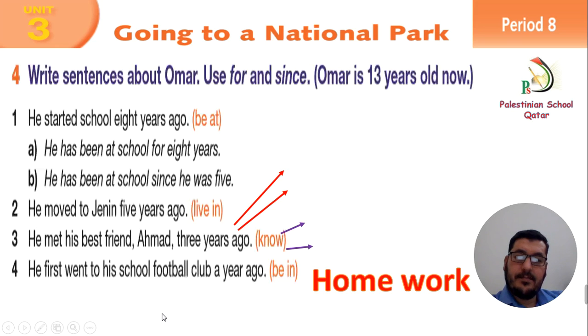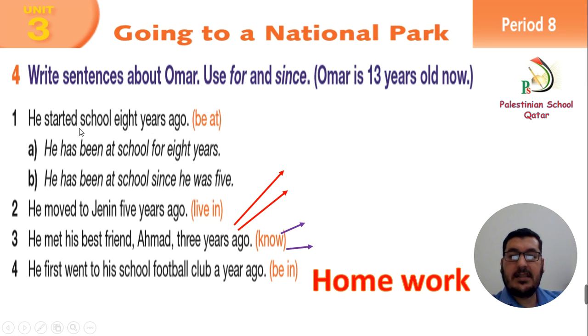Now, write sentences about Omar. Use for and since. Omar is 13 years old now. So number 1, he started school 8 years ago.